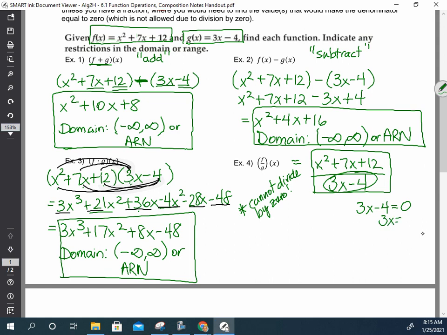If you solve that equation, it's 4/3. So that means under no circumstance can you plug 4/3 into that problem. Absolutely can't do it. Since that's a restriction, your domain is x cannot equal 4/3.